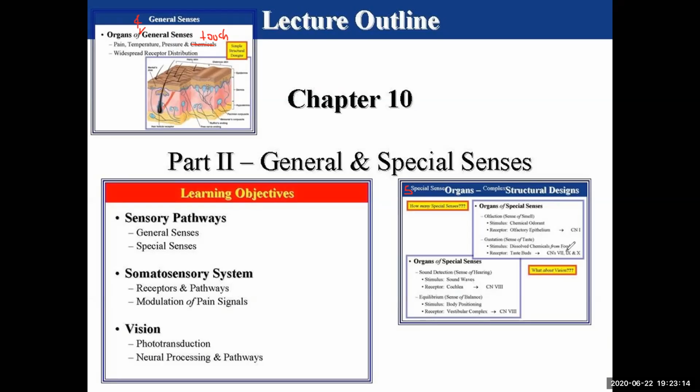Pair number 7, pair number 9, pair number 10. Sense of hearing: stimulus is sound waves. Receptor is cochlea, sent through nerve number 8. And equilibrium, sense of balance: body positioning, receptor vestibular complex, cranial nerve number 8 as well.